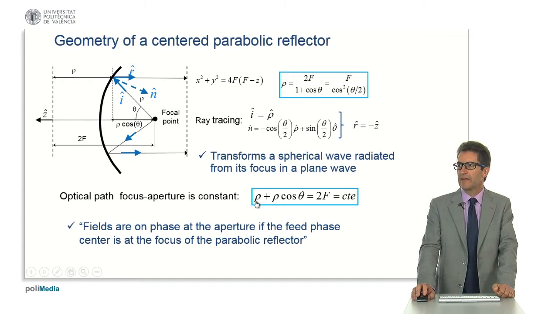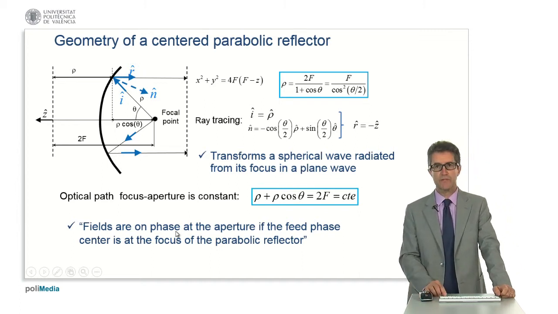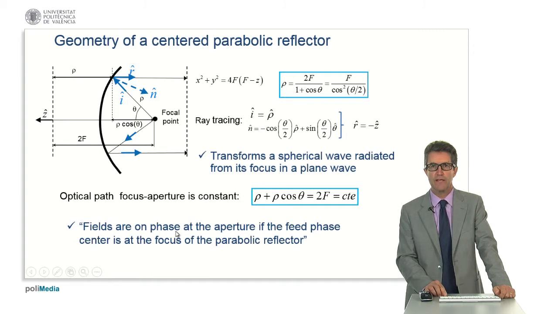That comes directly from the equation of the parabolic reflector antenna. So this optical path is going to be constant for any reflecting point. And we can say that the fields are in phase at the aperture if the feed phase center is at the focus of the parabolic reflector. This is really the most important characteristic of the parabolic reflector.